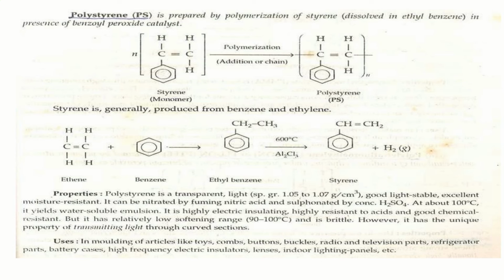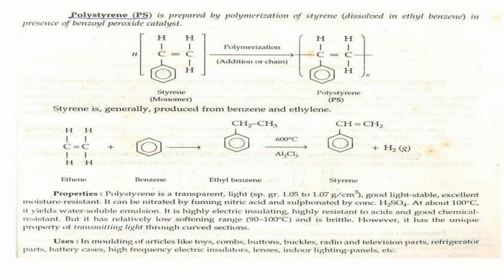Next is the preparation of polystyrene. Polystyrene is a very important polymer. It is synthesized from the styrene molecule. The molecular formula of styrene is CH2=CH-C6H5, which undergoes addition polymerization using a catalyst like hydrogen peroxide or benzoyl peroxide to form the product polystyrene.